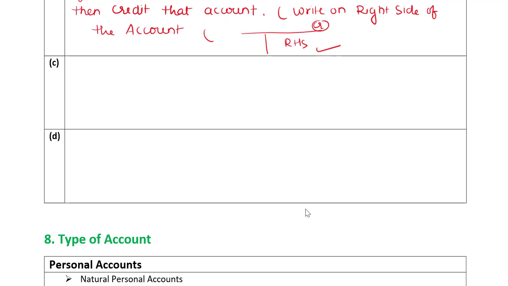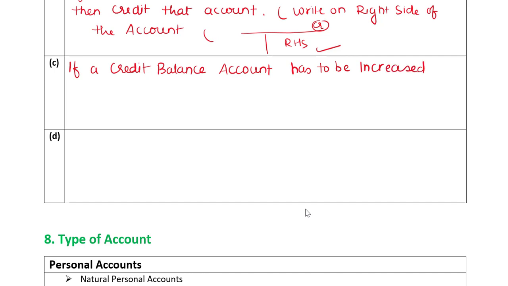Let's see the next part. If there is a credit balance and the credit balance account has to be increased, what we will do? We will again credit it. If a credit balance account, like liabilities, has to be increased, further credit that account.